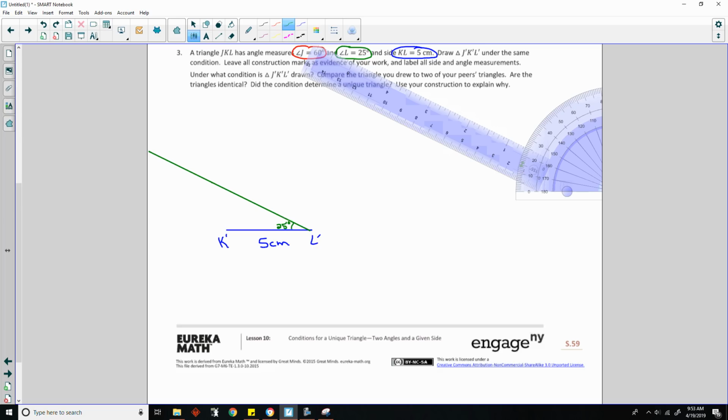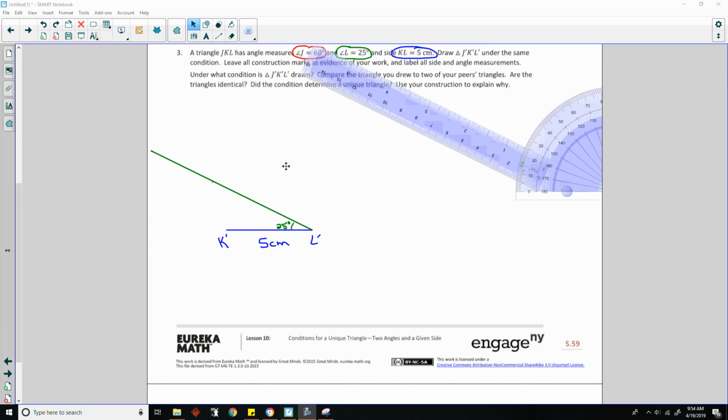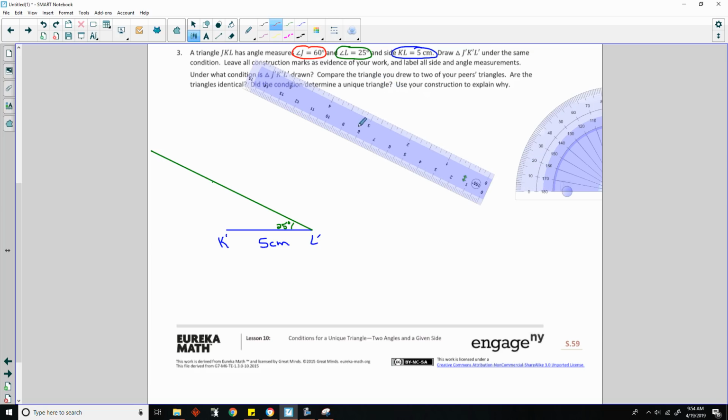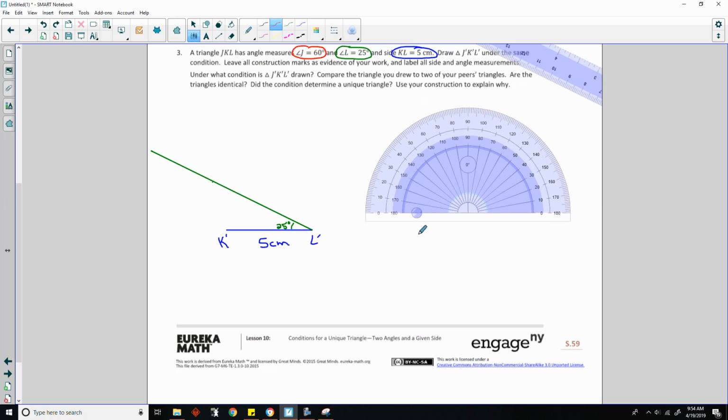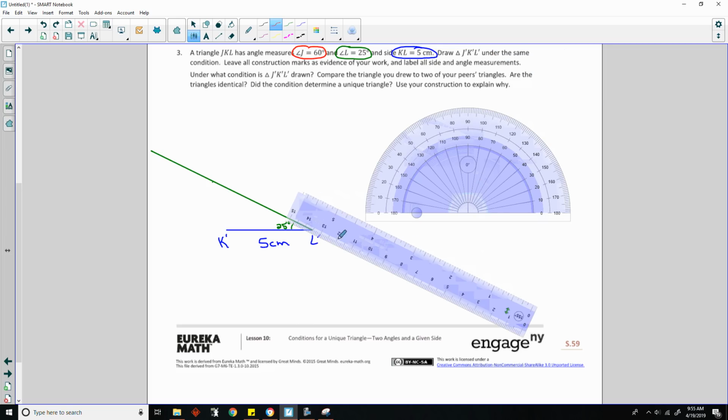Okay, so now in order to construct this, the directions instruct the students to use, I don't even know if you have that in your school where you are, but it's called patty paper. It's a transparent, semi-transparent paper. So what they want you to do is create an angle on patty paper.